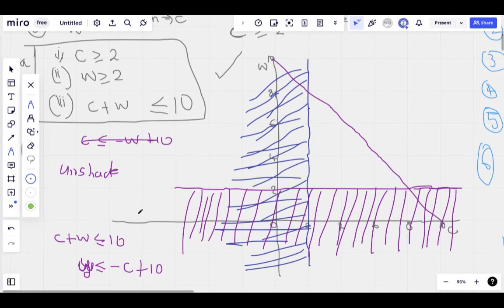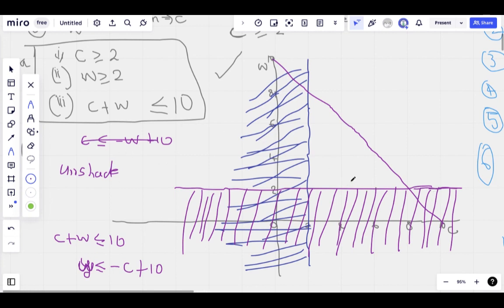If you don't know, then you plot, like the plotting we did with a table: choose values for C and get the corresponding values for W. But when you are familiar with it, you already know where the line is going. Negative gradient means it slopes down this way, so you just draw it without making the table.